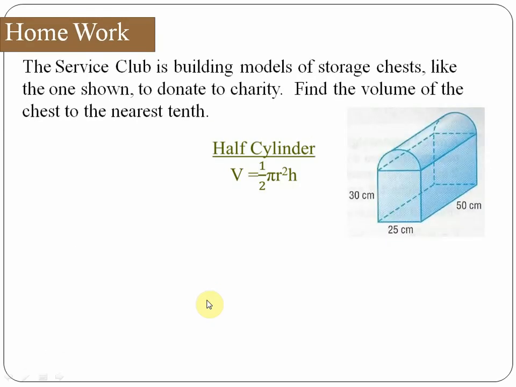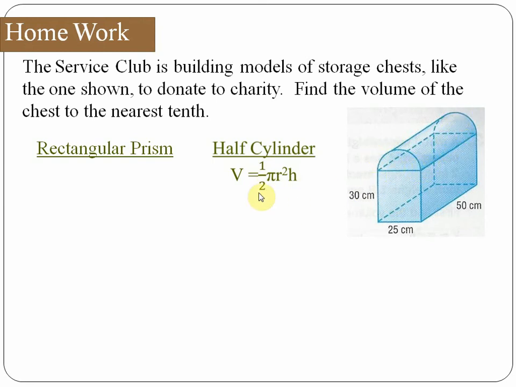Next question is, a service club is building models of a storage chest like the one shown to donate to charity. Find the volume of the chest to the nearest tenth. So this is a composite shape. You have a rectangular cuboid with dimensions 30, 25 and 50 centimeters, and the upper one is a semi cylinder, a half cylinder.